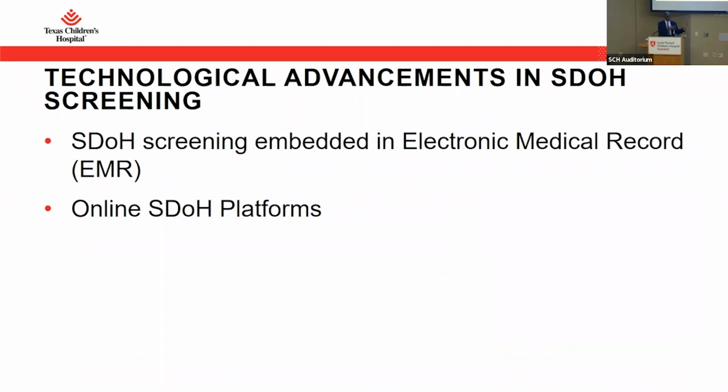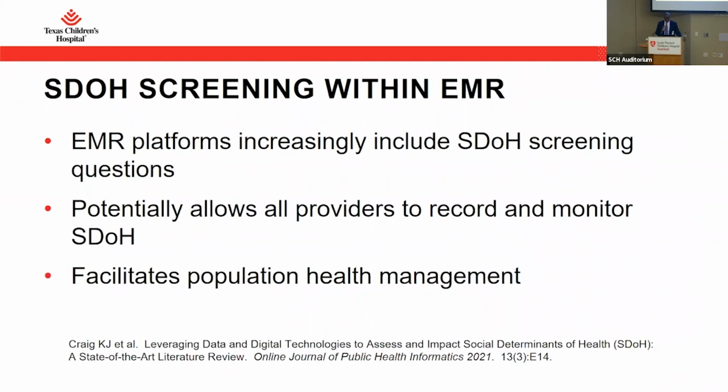And so along with all these standards now that are at a national level, it's also sort of this advent of technological advances as well in social determinants of health screening. And so one is in your EMR and then the other in online social determinants of health platforms. So let me talk about each one. So social determinants screening within the EMR.